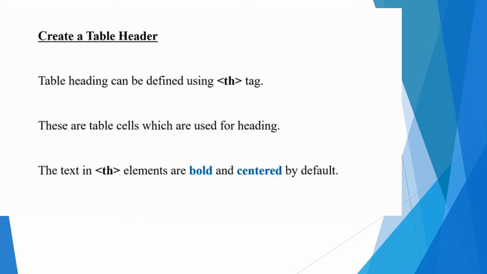For example, student details, serial number, name, and all of these are table headers. By default, the elements in the th tag are bold and center. Means the fields we give in the table header are bold and center by default.